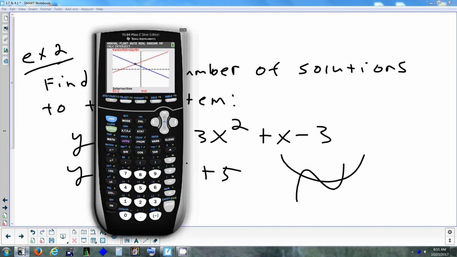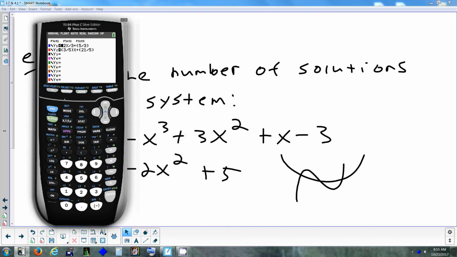Okay, so let's graph that and let's see what we got. Yes, we got negative x cubed plus 3x squared plus x minus 3. Okay, so that's that. And negative 2x squared plus 5.